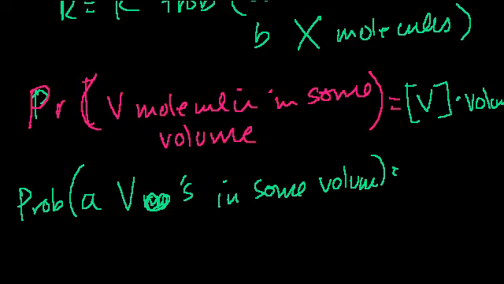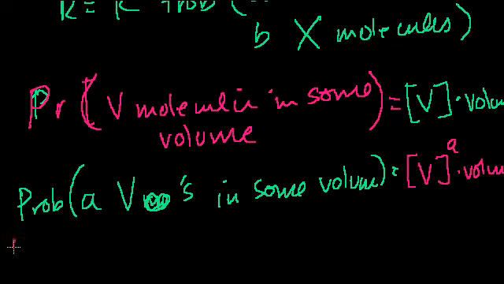So it's going to be equal to, and this is just from the probability concepts that we learned in the whole probability playlist, that if you want to have 5 heads in a row, it's 1/2 to the 5th power. If you want to have 5 V molecules there at the same time in some volume, or A of them, it is going to be the concentration of V to the A power times the volume.